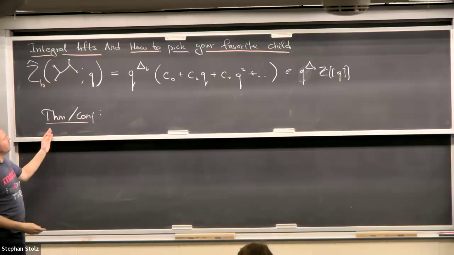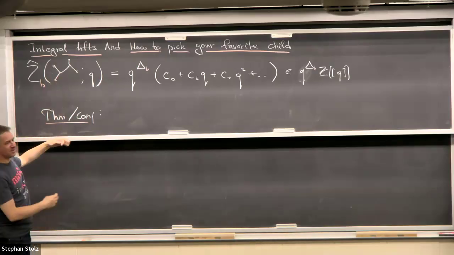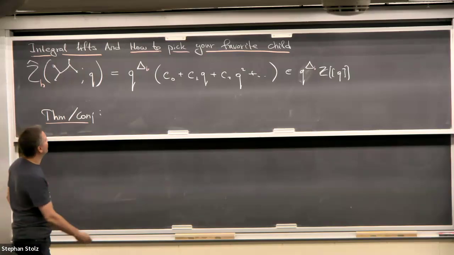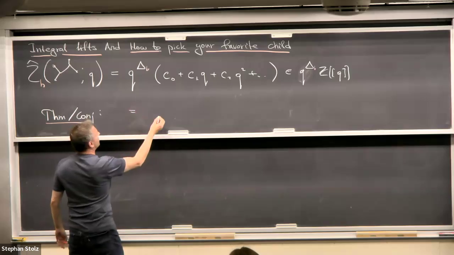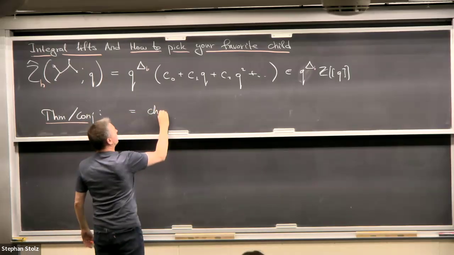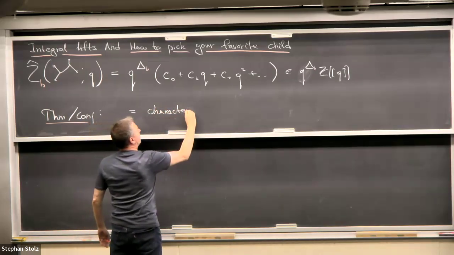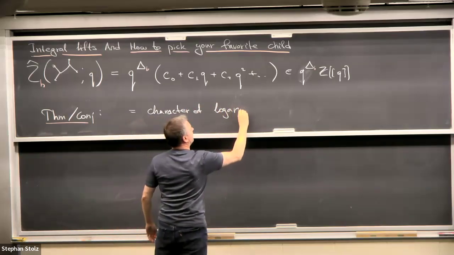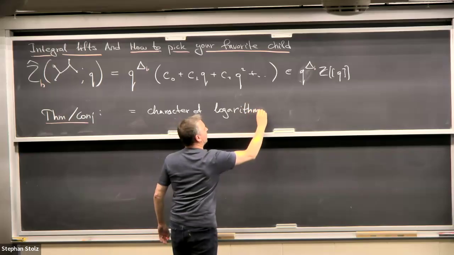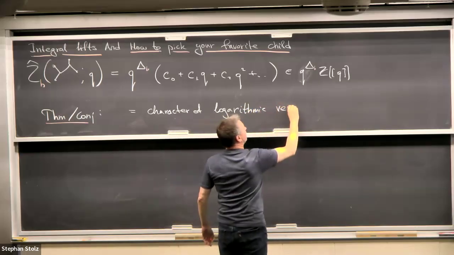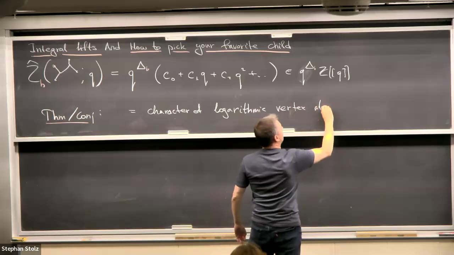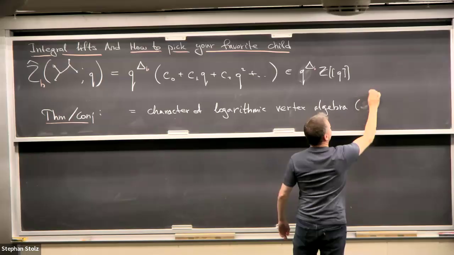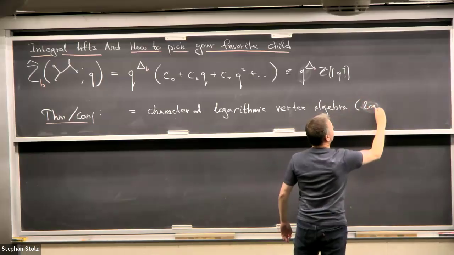It's a theorem for very simple graphs and conjecture for general graphs, in fact, general manifolds, that this object is a character of some logarithmic vertex algebra. Which I abbreviate as VOA, or the whole thing would be VOA.